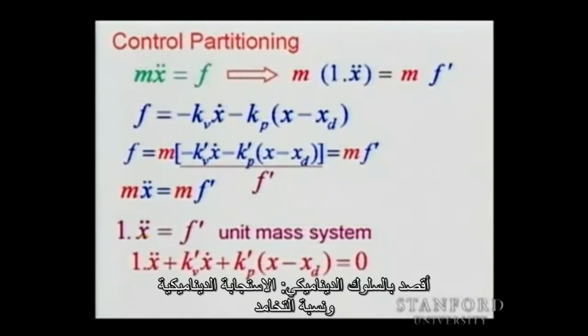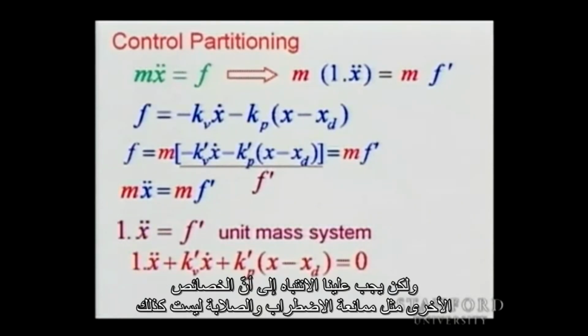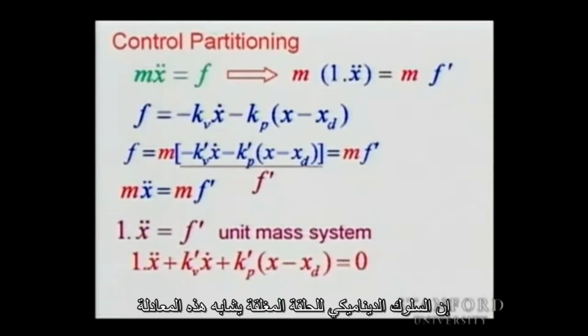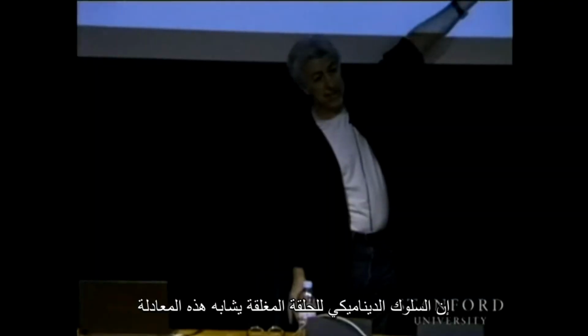Well, the dynamic behavior, the dynamic response and the damping ratio are like this. But we have to be careful about other characteristics like disturbance rejection and stiffness. They are not. And we will see that in a second. The dynamic behavior of the closed loop is like this.